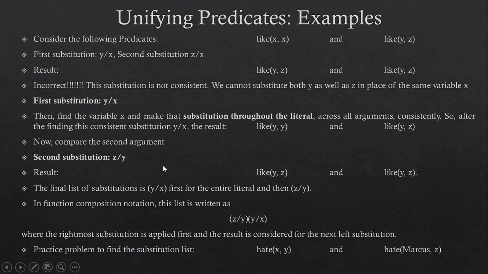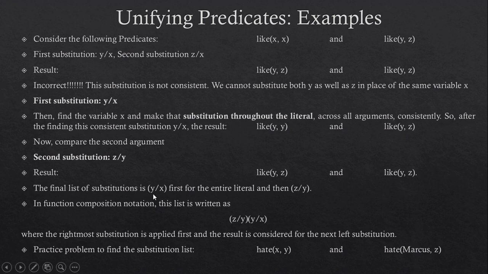If there were more arguments after the second argument, we would have applied this substitution to the remaining arguments and then considered that result to compare and unify the next argument. But since this is the last argument pair, the result is like(y, z) and like(y, z). But notice the difference in the substitution.